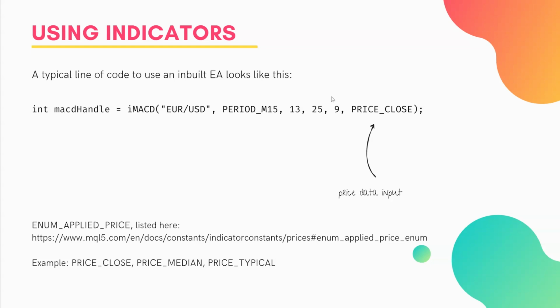Typically we would use the close price. That's pretty standard, but you can use the open price, the median price, or the typical price. An explanation of those is in the MQL5 docs. If you look at enum applied price, Google that, and it will bring up the MQL5 docs for that.